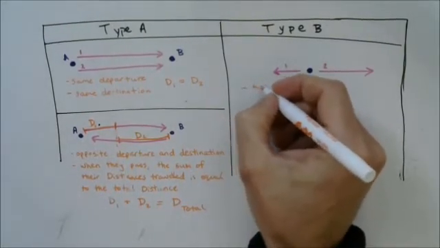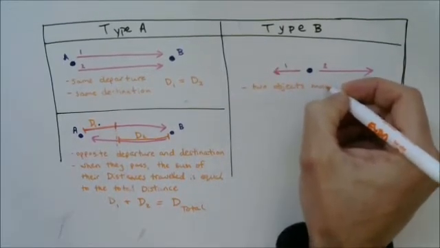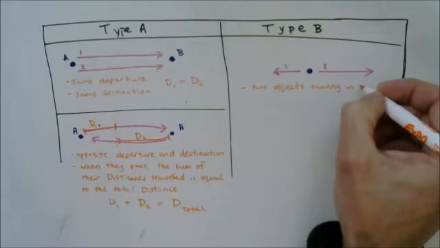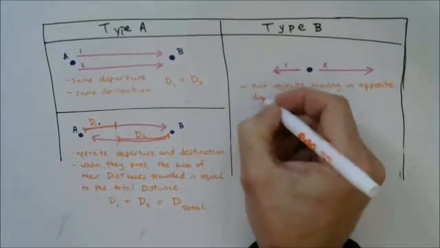So we have train 1 and train 2, and they're going in opposite directions. So 2 objects moving in opposite directions.